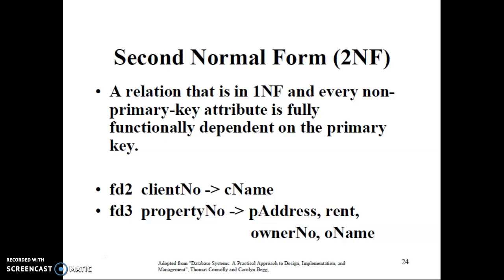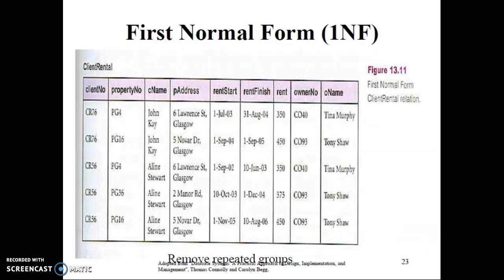Let us see this clearly with our example table, client rental. So this is the table we have transformed into first normal form. This is already in first normal form.